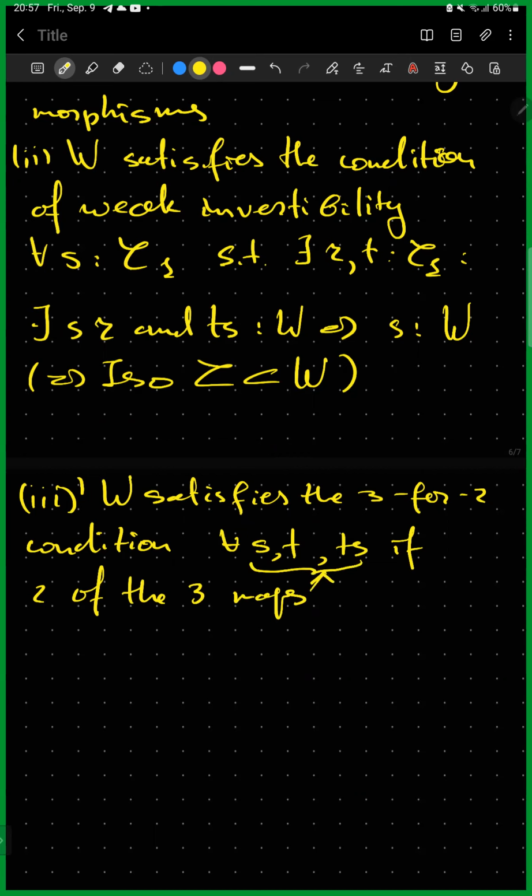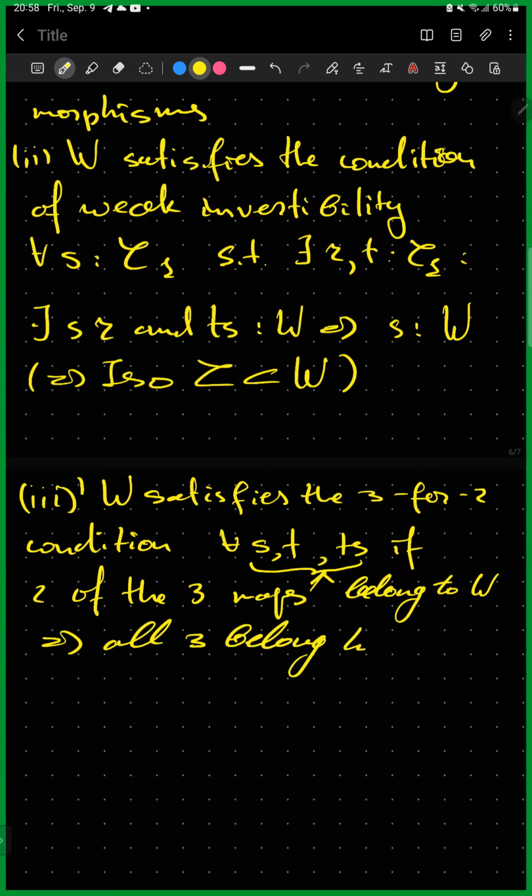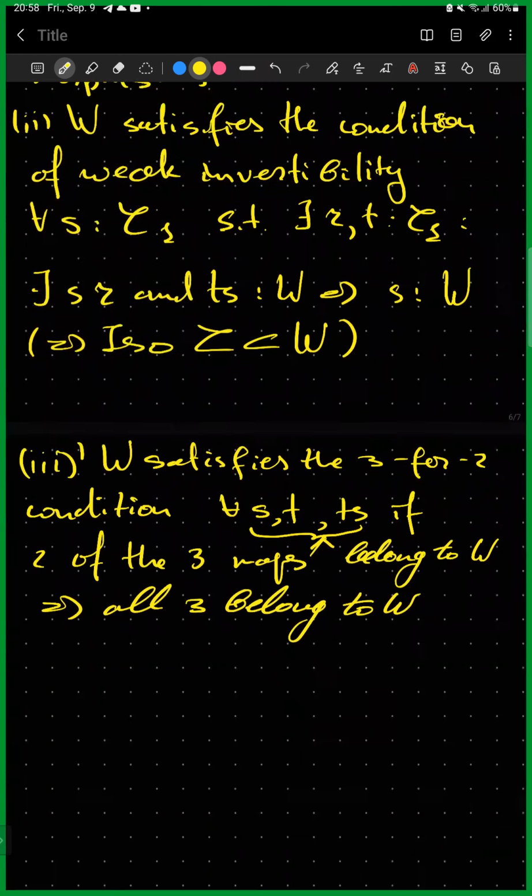If two of them, any two of them, belong to W, then all 3 belong to W.